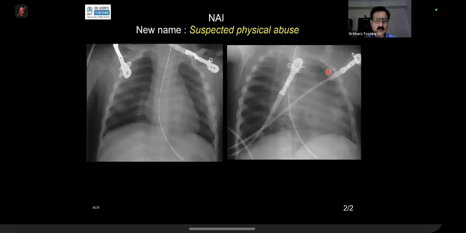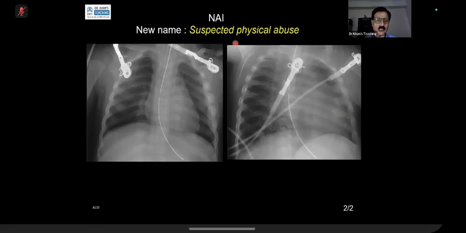And so immediately, once you have confirmed it, it means it is NAI. Now, one thing which I want to tell you is we have changed the word for NAI once again. In my radiological lifetime, I think we have changed it so many times. In the first David Sutton, which I have, 1987 edition, the word battered baby syndrome is there for this. And then we said it's politically incorrect to call it this. Another word, NAI.